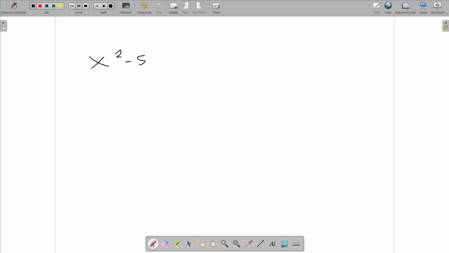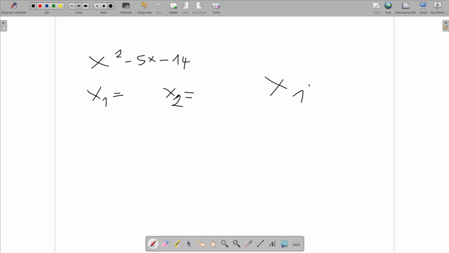Right now we have x squared minus 5x minus 14. So we would like to figure out these, and then with the help of these we could factor it afterwards.